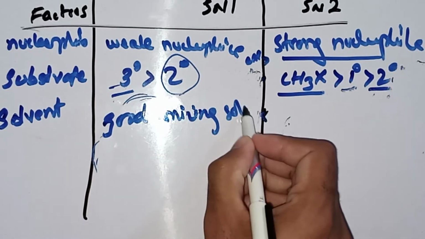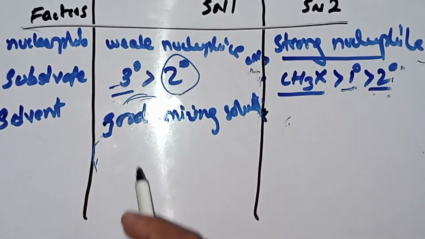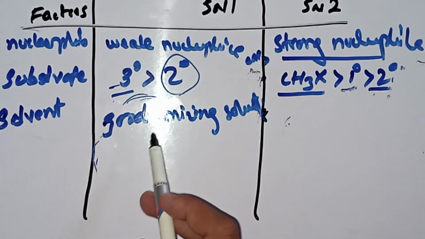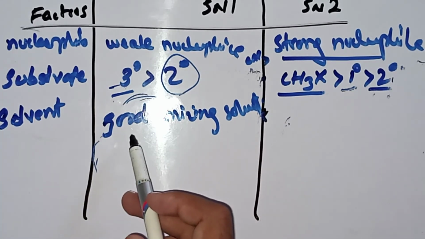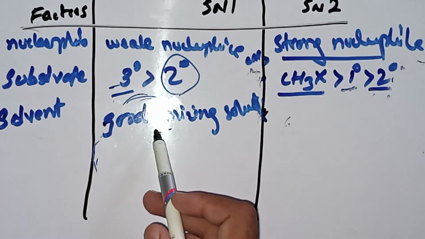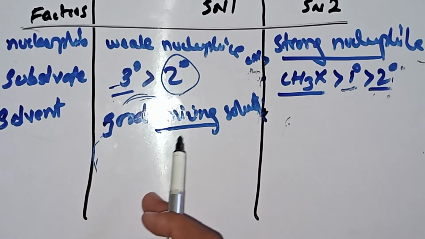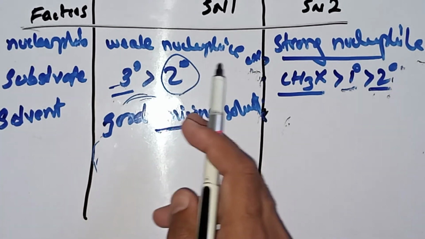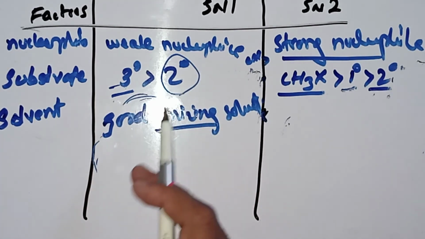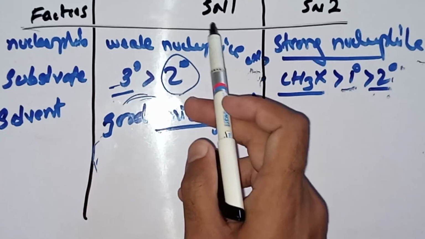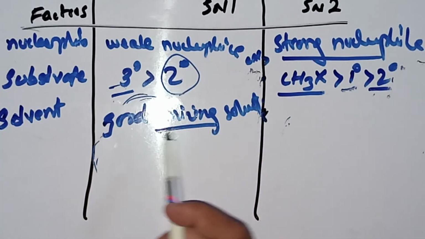We know the first step, the rate determining step of SN1 reaction, is ionization. When ionization occurs fast, the rate of SN1 reaction will be high.